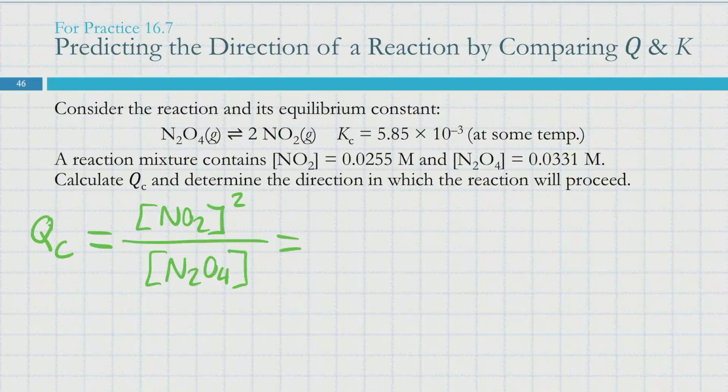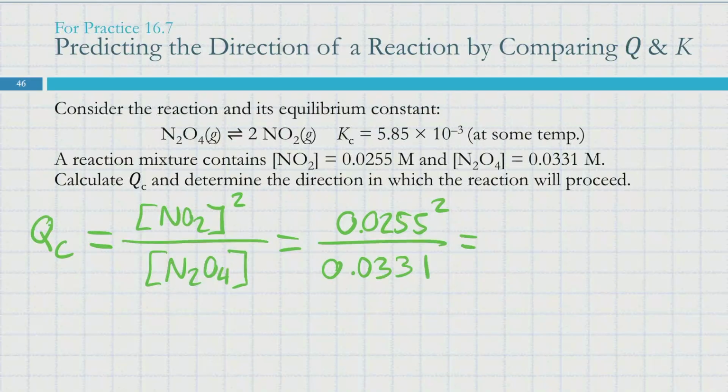And we can plug in the values that were given to us. So our reaction quotient is 0.0196 and some other stuff.